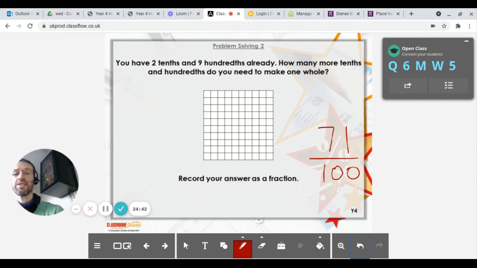Or I could write it as 7/10 and 1/100th. See if I can do that a little bit better. Colour it in a bit better. Change my pen.